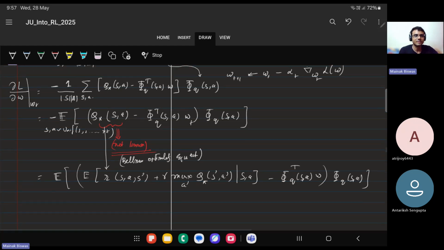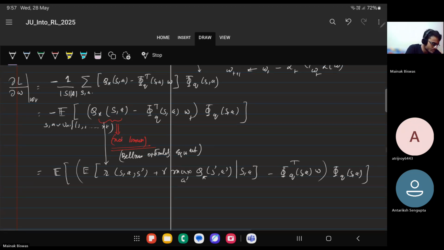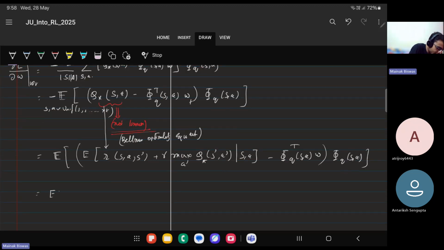So I wrote the Bellman optimality equation. Now both expectations can be merged together, where S dash is sampled from S comma A. Rest is all the same.